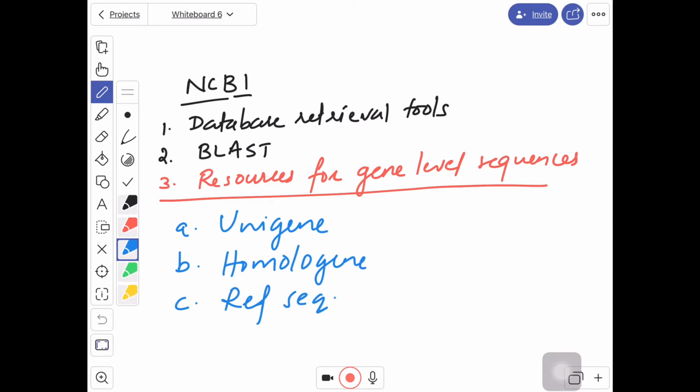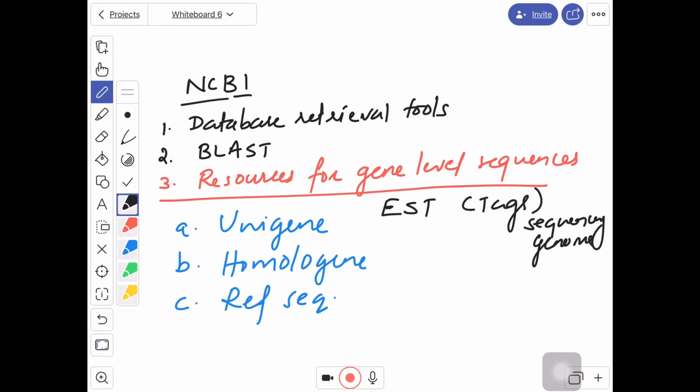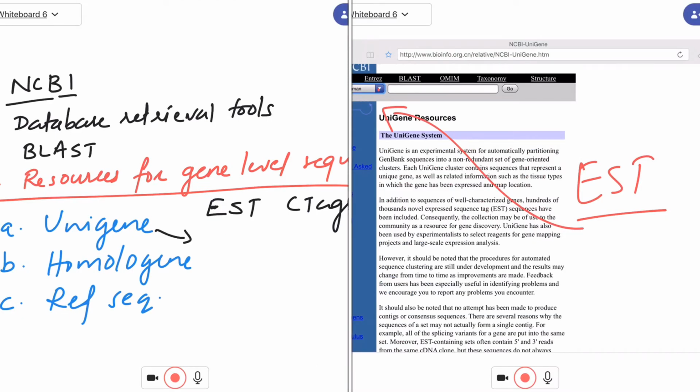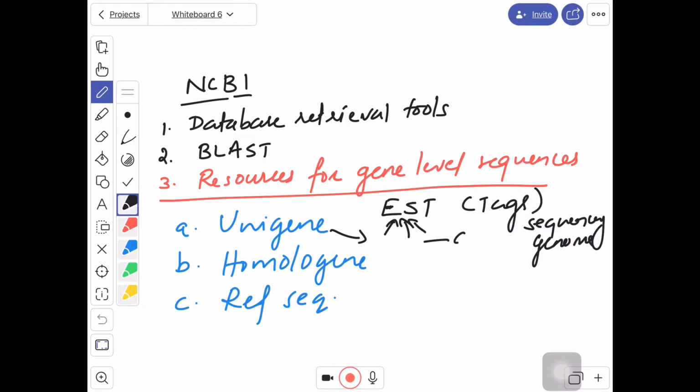As you all know, ESTs are expressed sequence tags. These are certain markers or tags used in the process of sequencing, especially in the sequencing of genome. UniGene is a database that provides information about different ESTs that belong to a gene.